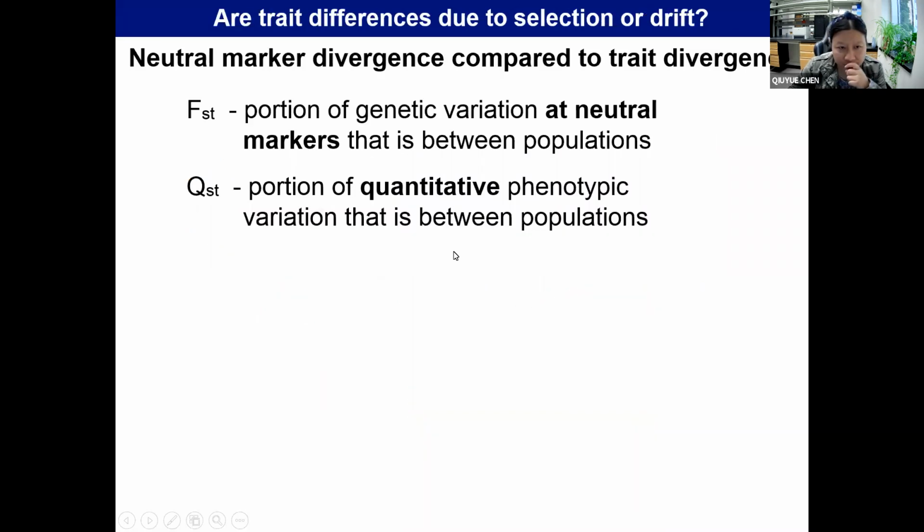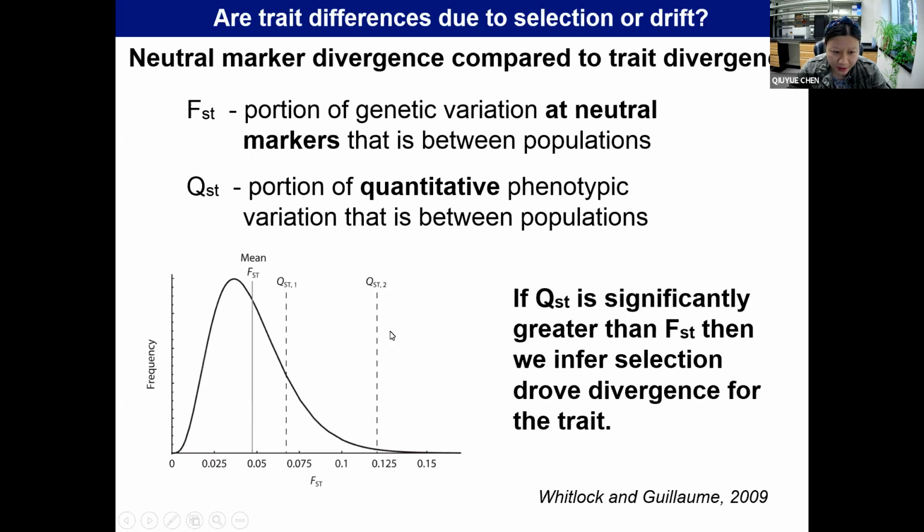Given the phenotypic divergence, we want to know, are the trait differences due to selection or drift? So we performed the QST-FST test to compare the neutral marker divergence to the trait divergence, where the FST measures the portion of genetic variation at a neutral marker that is between populations, while QST measures the portion of quantitative phenotypic variation that is between populations.